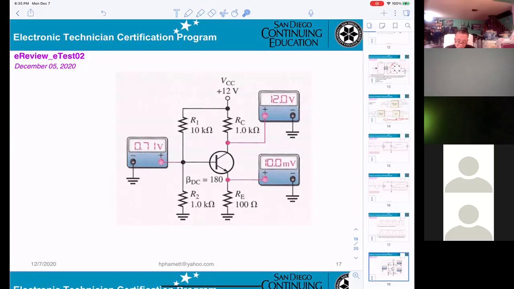R1? You say remove R1. RC, I think so. Problem with RC. Don't you have to work out the formula for VB to make sure that's okay?